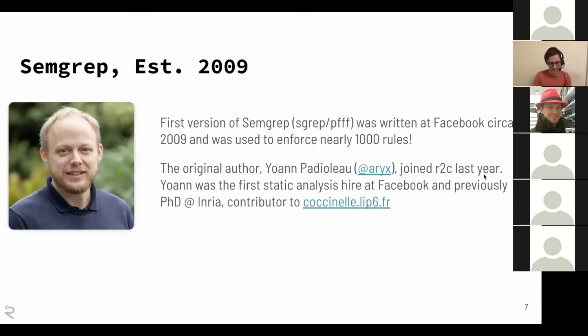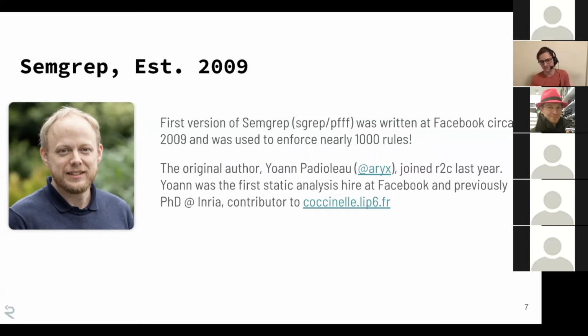And I also need to give a quick shout out to Johan. The reason I asked about Coccinelle before the presentation from you, Georges, is because Semgrep, the tool I'm about to present, is kind of an evolution of Coccinelle, which was a tool written by Johan, who used to work on code analysis projects at Facebook.